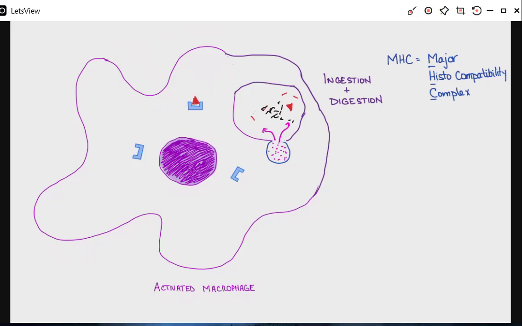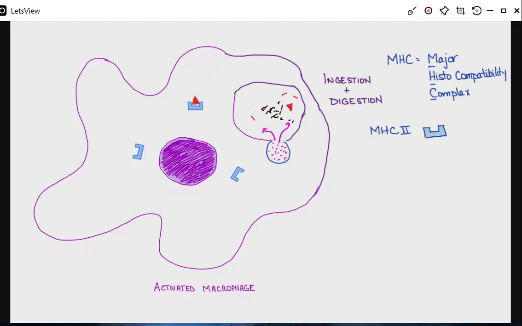I don't know for sure, but I would suspect that this is the order in which they were discovered. Macrophages are going to use MHC II. So MHC II are these display cases that you see here in blue.